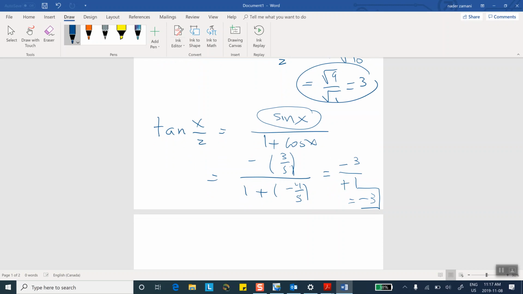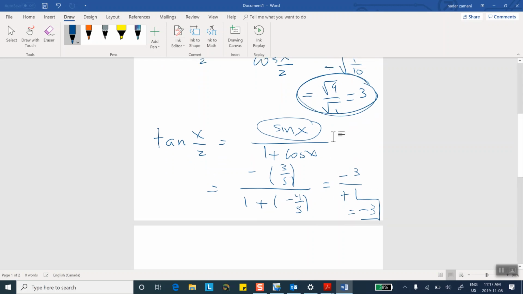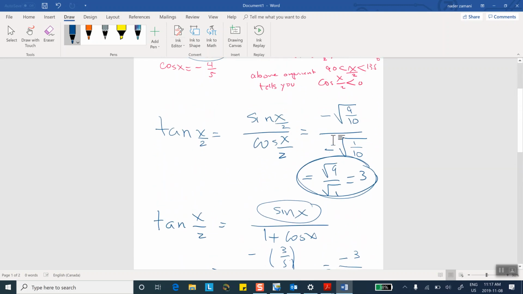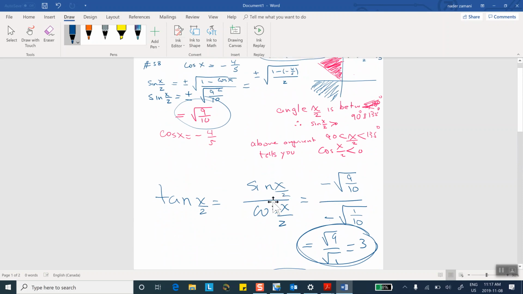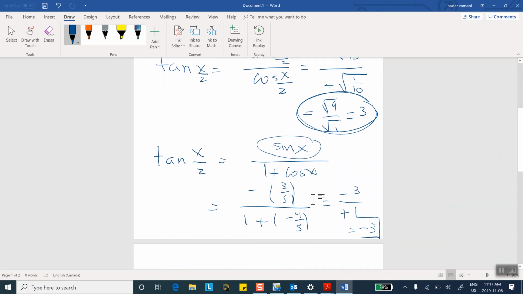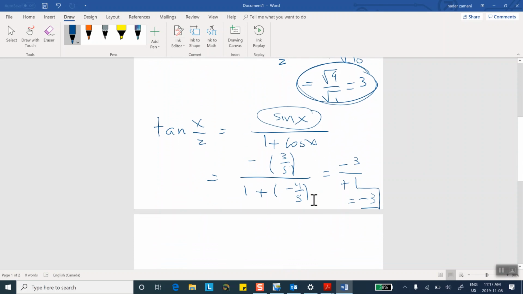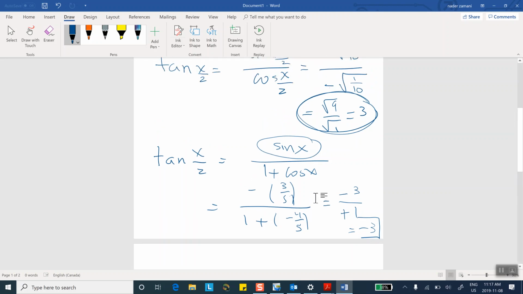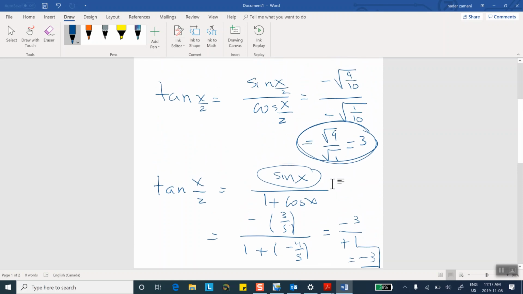From here I get minus 3, up here I got 3. Let's make sure that we did not make a mistake up there. It doesn't look like I'm getting the same answer. So let's get to the bottom of things. I would like to make sure that there are no mistakes.